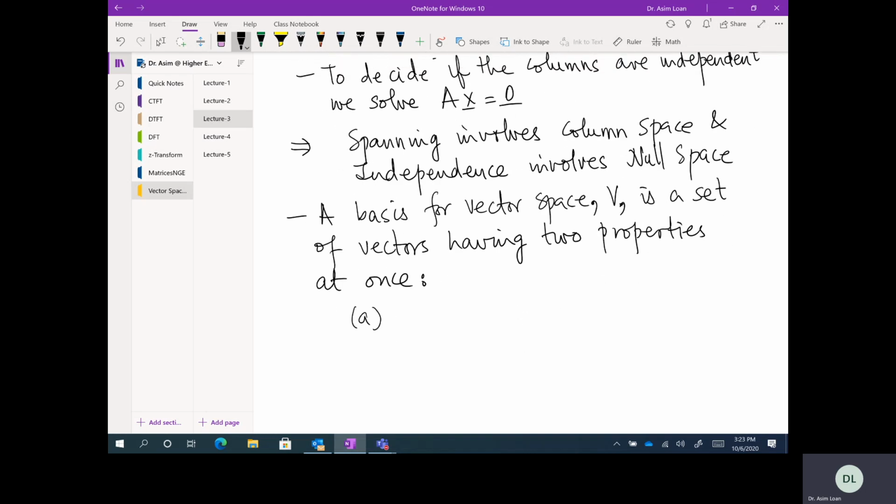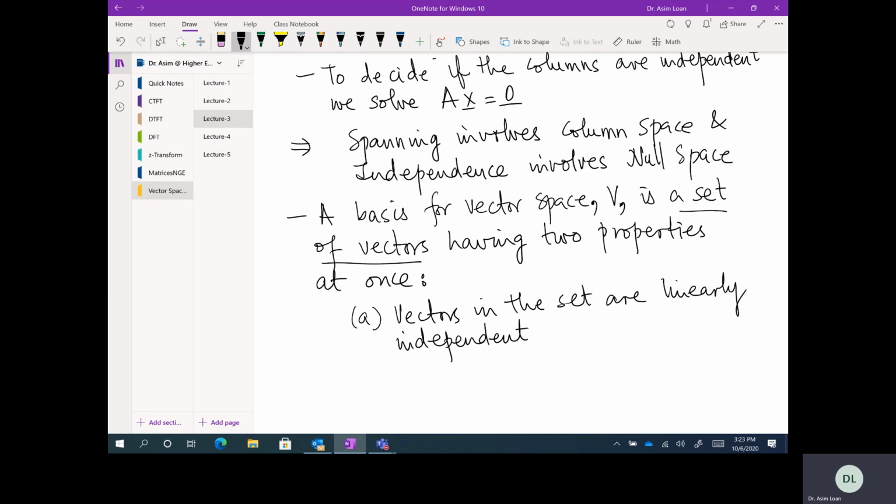A, the vectors in the set are linearly independent. And this simply means there cannot be too many without losing independence. And B is they span the space.